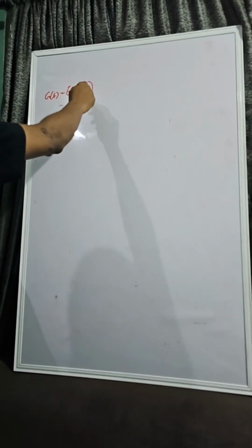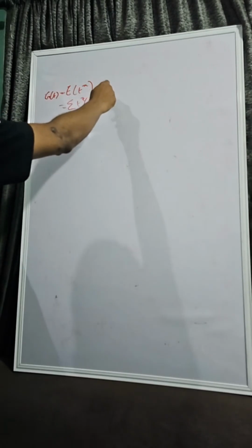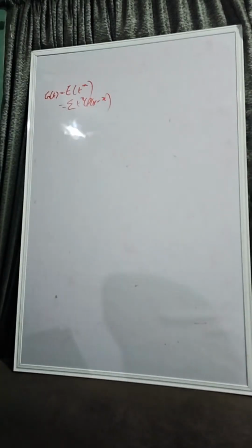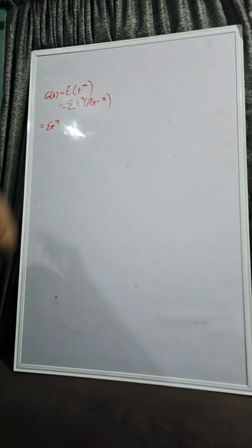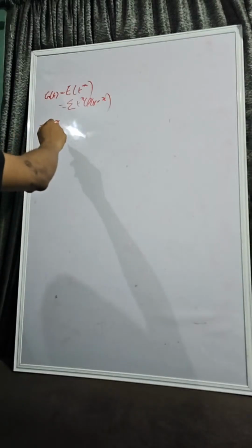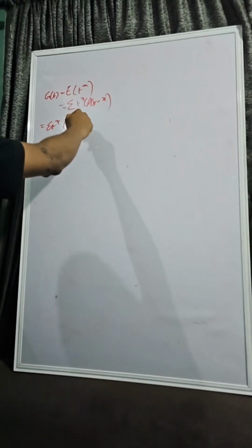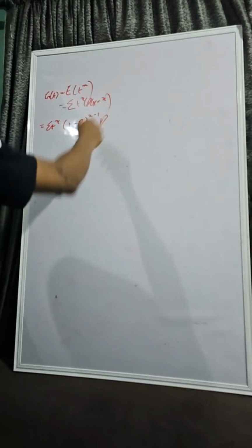Any question? No question. So we all know that G of t is the expectation of t to the x. And the expectation of t to the x is the same thing as the summation of t to the x times the probability of x, which is the PMF of x for geometric distribution: 1 minus p, raised to x minus 1, times p.